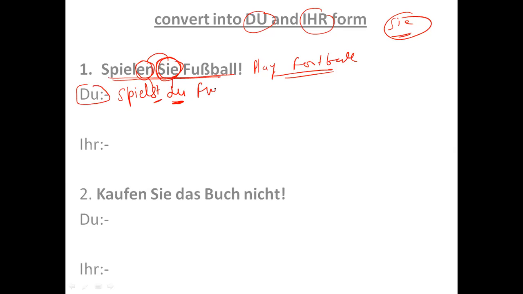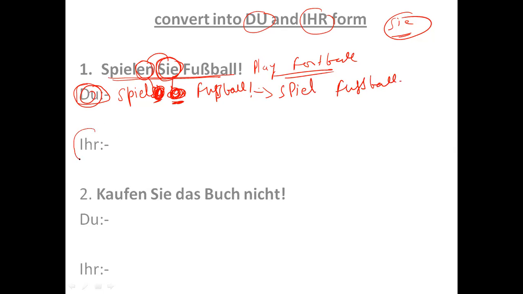"Spielst du Fußball." But since I need to convert into imperative form, the rule for du was that neither du will come nor the ending will come. So the final answer would be "Spiel Fußball", right?